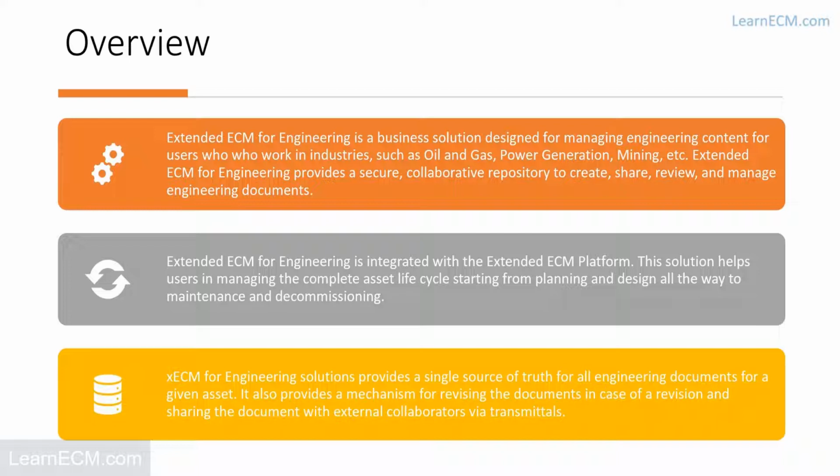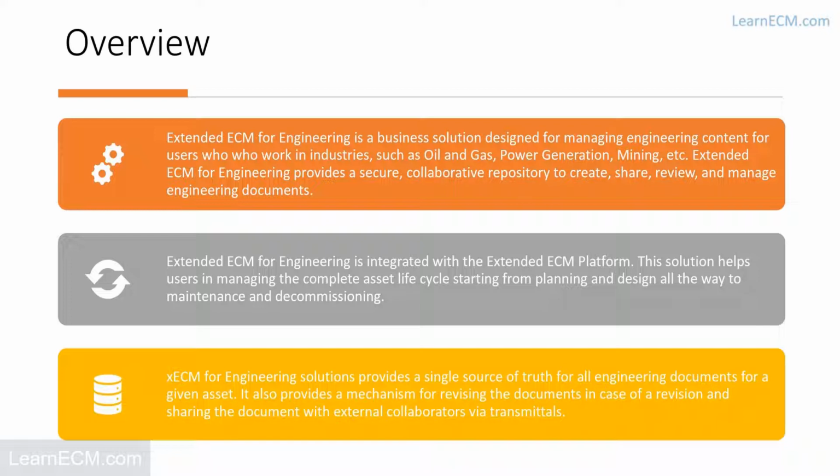As we know, OpenText ECM is a document management platform. On top of that, they have this engineering solution, which sits on top of the OpenText xECM suite or xECM platform, with certain specific functionality related to engineering.